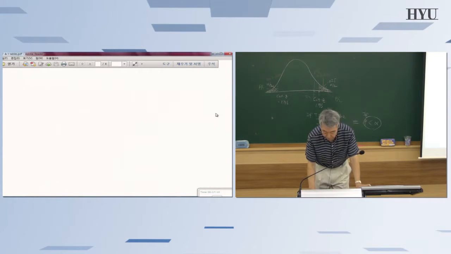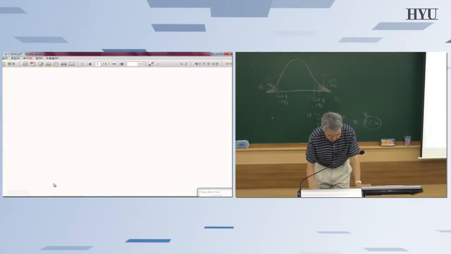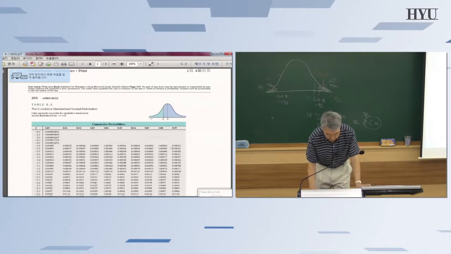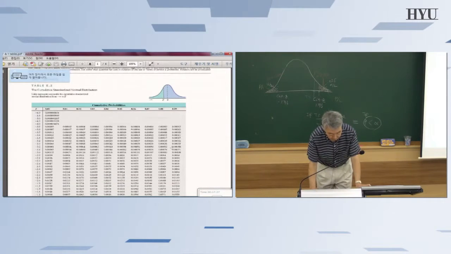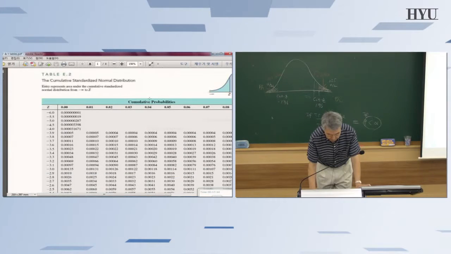What's so slow? Interesting. Can't even open the PDF file. Ah, here we go. Okay. And let's make it a little bit larger. All right.